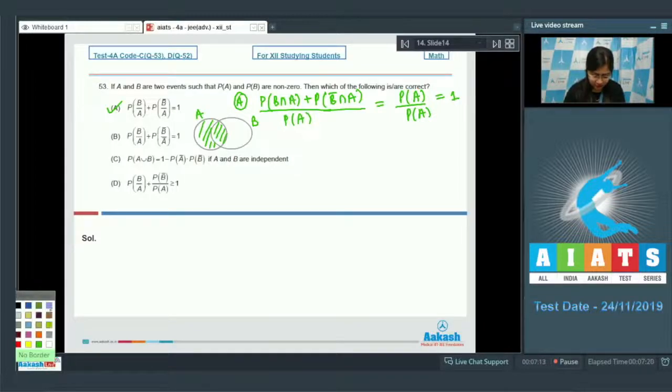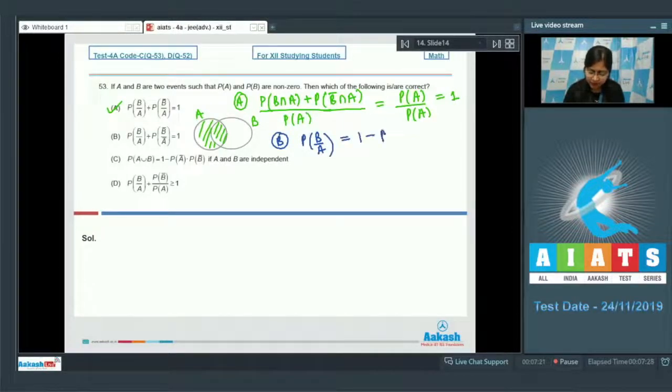Now let's talk about option number B. It says that probability of B by A is equal to 1 minus probability of B bar upon A bar. So this can be written equal to probability of B upon A bar from the first option, right?